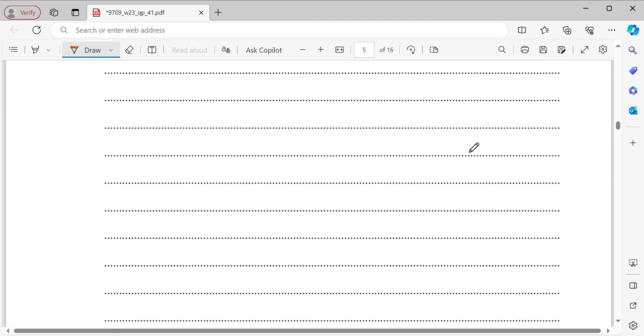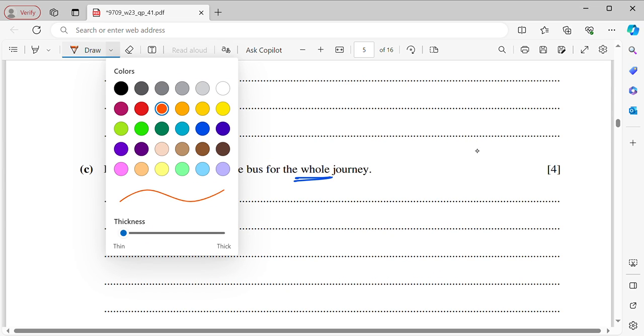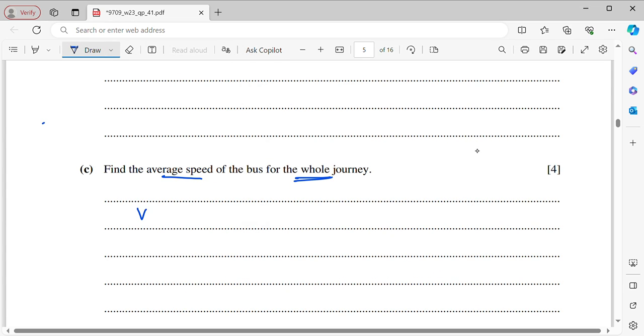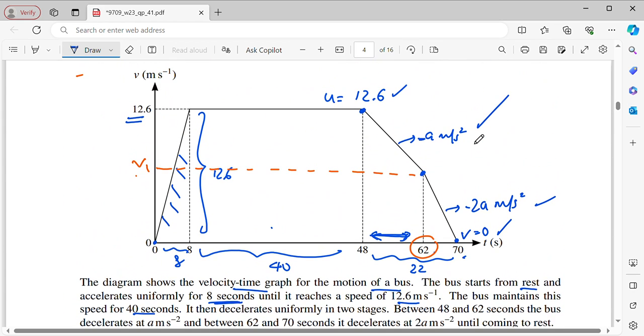So now I will use the same formula as just now: V equals U plus AT. So at t equals 62 seconds, let V equal V1. So now I will get V1 equals, okay, look at the diagram.